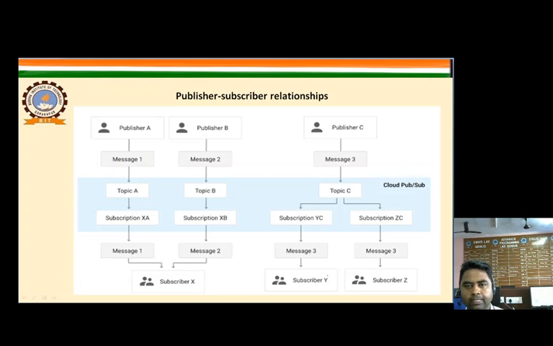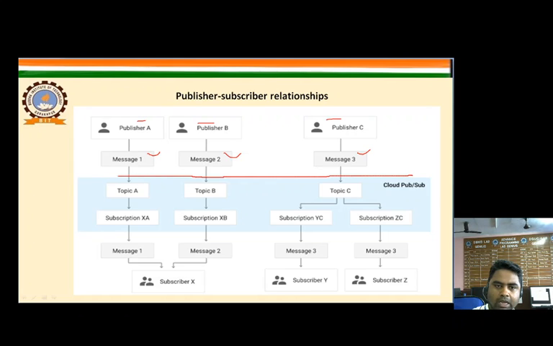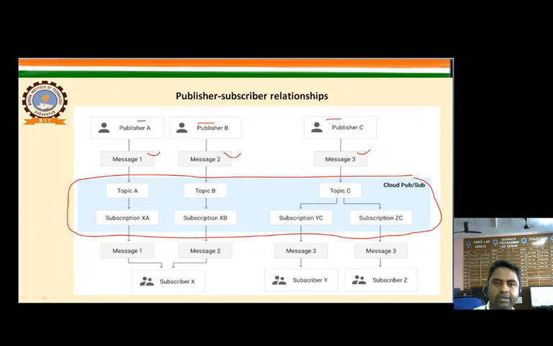This first figure is the publisher-subscriber relationship, and we have three publishers: publisher A, publisher B, and publisher C. Each publisher has its own message: publisher A has message 1, publisher B has message 2, and publisher C has message 3. This area is known as Cloud Pub/Sub.